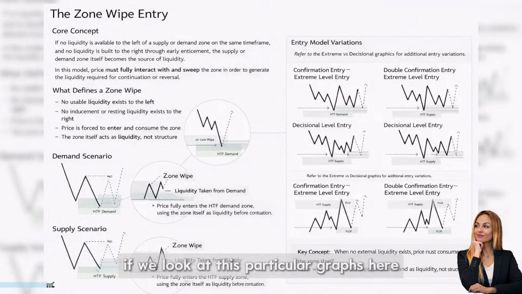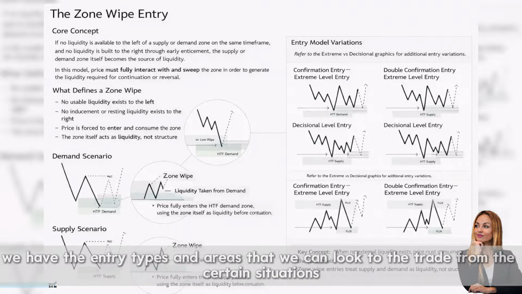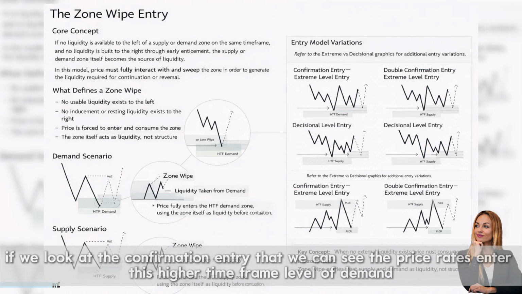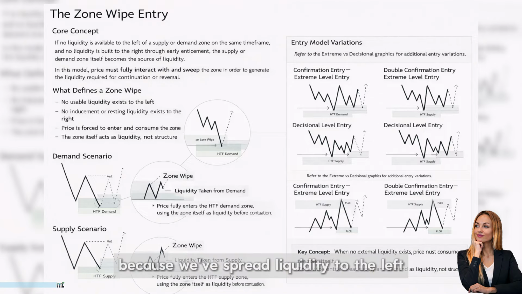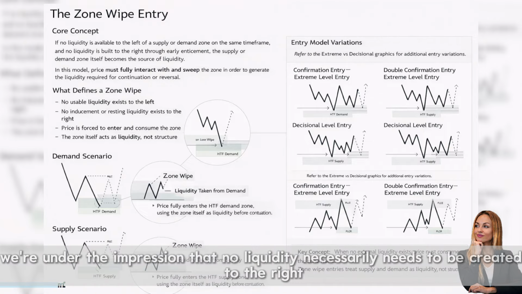If we look at these particular graphs here, we can see the entry types and areas that we can look to trade from in certain situations. If we look at the confirmation entry, we can see the price trades into this higher time frame level of demand. Because we've swept liquidity to the left, we're under the impression that no liquidity necessarily needs to be created to the right.